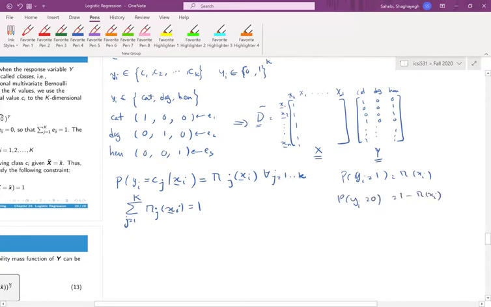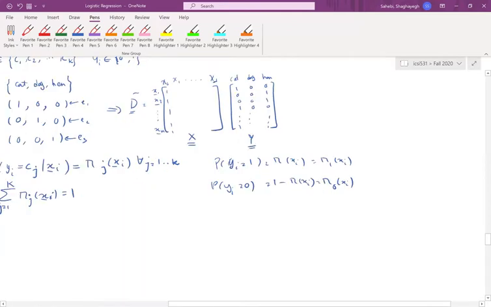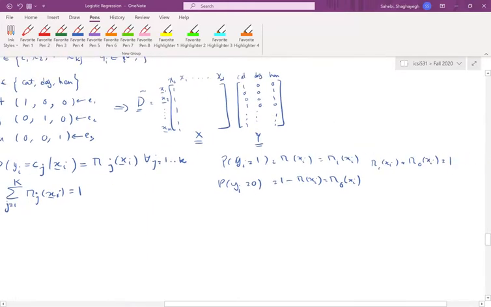But we can say that this is pi 1 of xi, this is pi 0 of xi, and also pi 1 of xi plus pi 0 of xi is equal to 1. In general, it's basically a multi-class extension of what we had in the binary situation. That's what I'm trying to say.